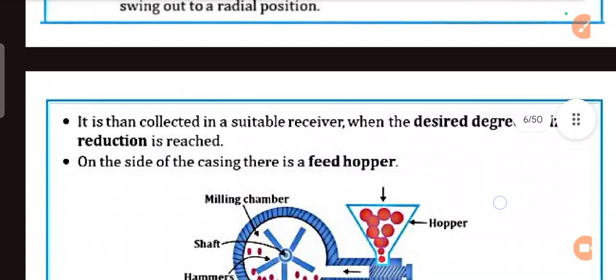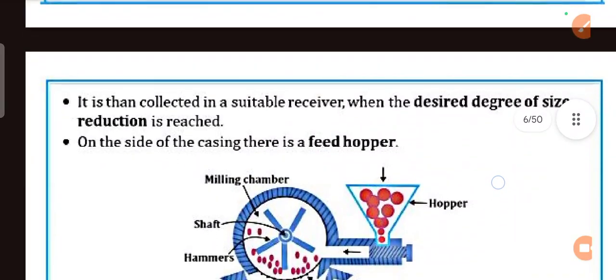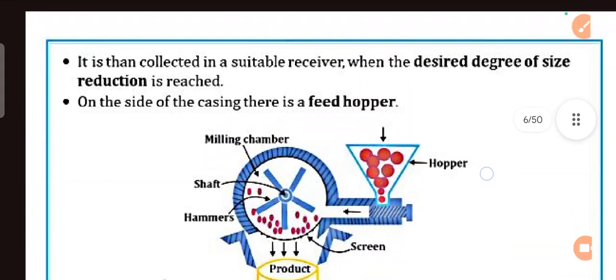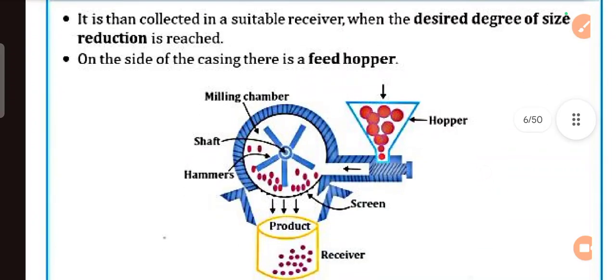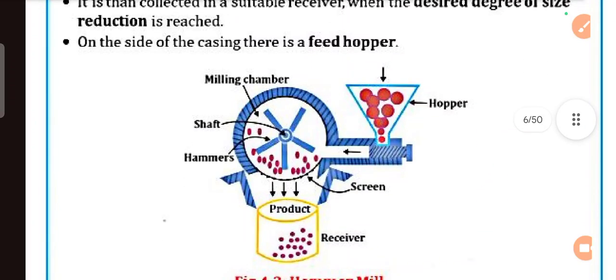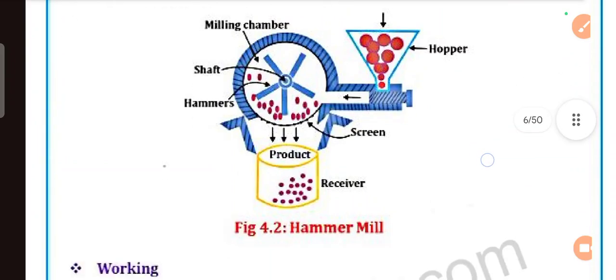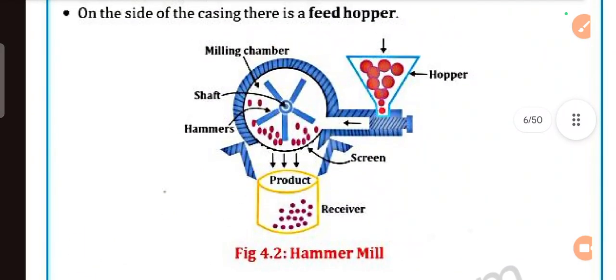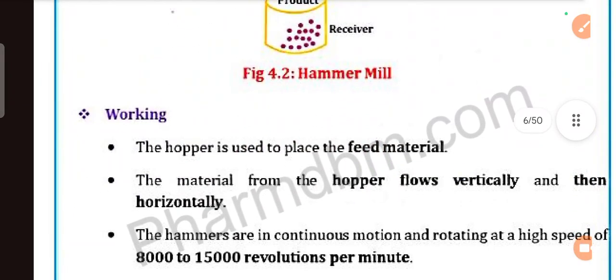The material is then collected in a suitable receiver when the desired degree of size reduction is reached. On the side of the casing, there is a feed hopper, milling chamber, shaft, hammer, screen, product receiver and hopper. Hammer mill is shown here. You can see it.